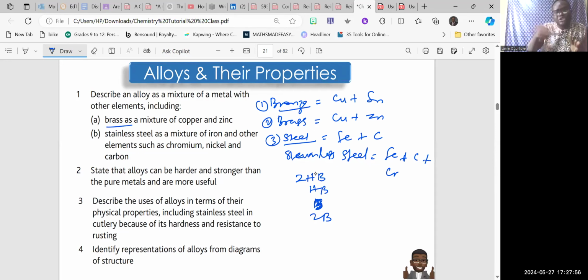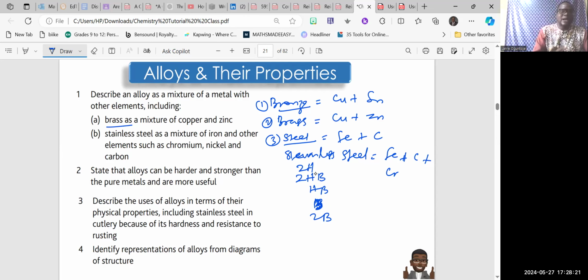You use those for shading. But the ones that are HB, hard, then we have pencils that are 2H. When you sharpen those, you can use them for 2 weeks. But when you take a 2B pencil, you sharpen it every now and then. That's the idea we are looking at here.